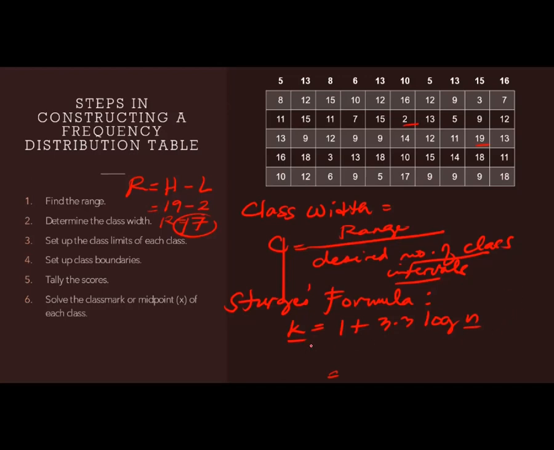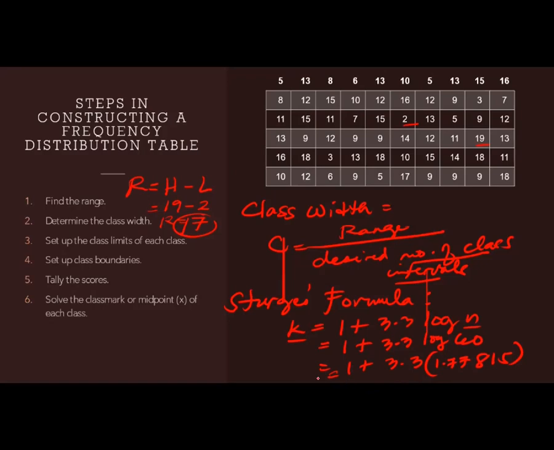So in finding the number of class intervals, we substitute the values: 1 plus 3.3 log 60. Using our calculator, log 60 is 1.77815.